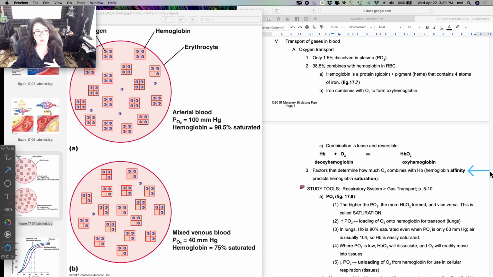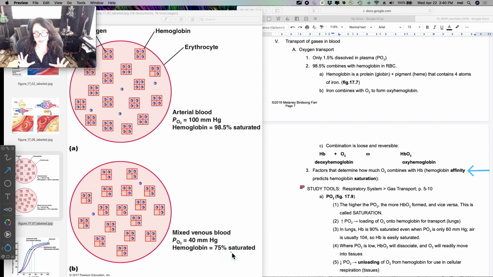Okay, so this hemoglobin is 98.5% saturated. There's only one seat that's open. But this hemoglobin is 75% saturated. Cool? Okay, so the first thing I want to talk about with that is, what determines how much oxygen is bound to hemoglobin? There's several factors.